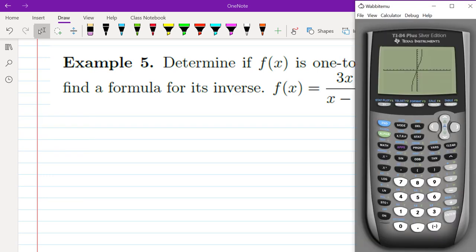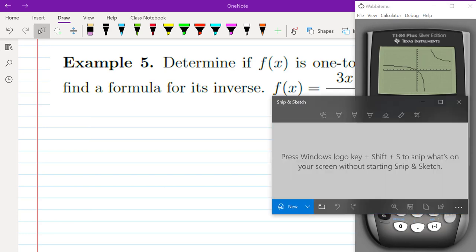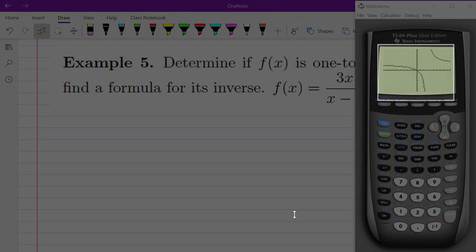So let's go ahead and check if it's 1 to 1. So we have 3x over x take away 3, and we graph. And our function appears to pass the horizontal line test.